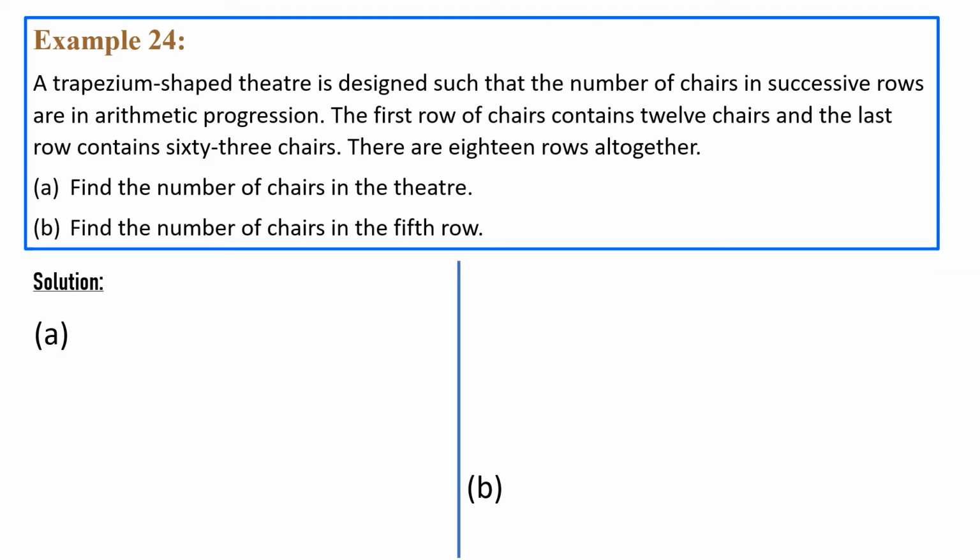In this question, we have a equal to 12 and there are 18 rows, which means that n equal to 18. But we don't have the common difference, which is d. Given that also the last row contains 63 chairs.